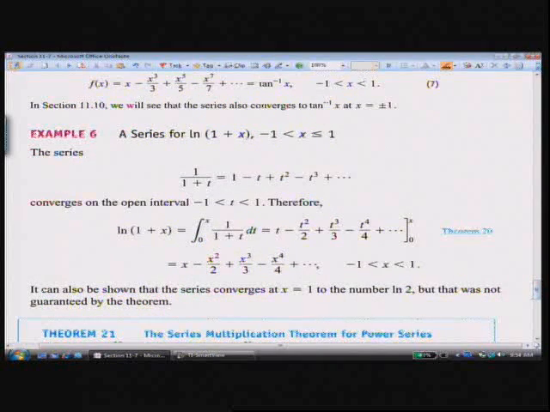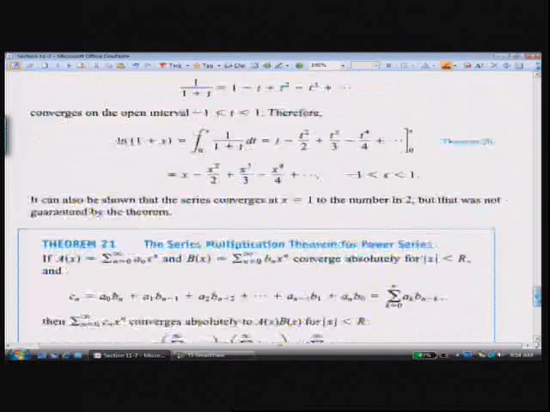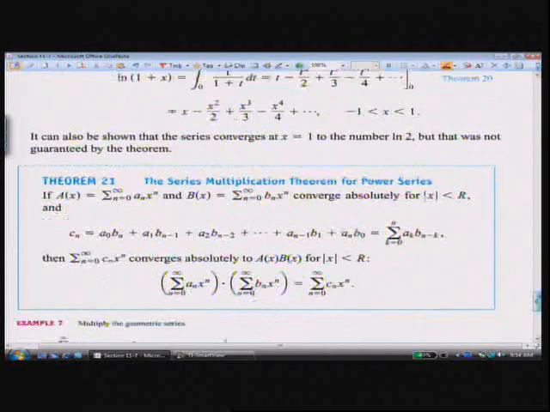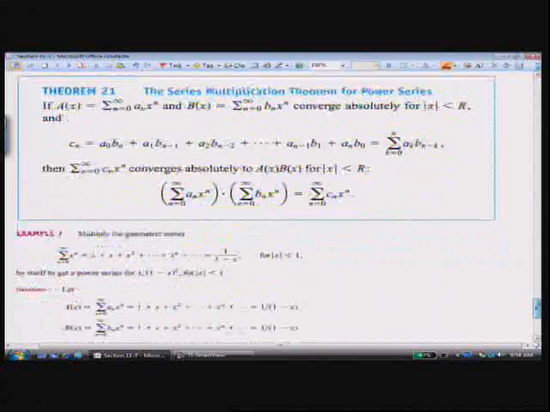Okay? So it's some pretty amazing stuff. We have a multiplication theorem for power series. If you have two power series that converge absolutely, then the product is also going to converge absolutely. That's what they're telling you there.